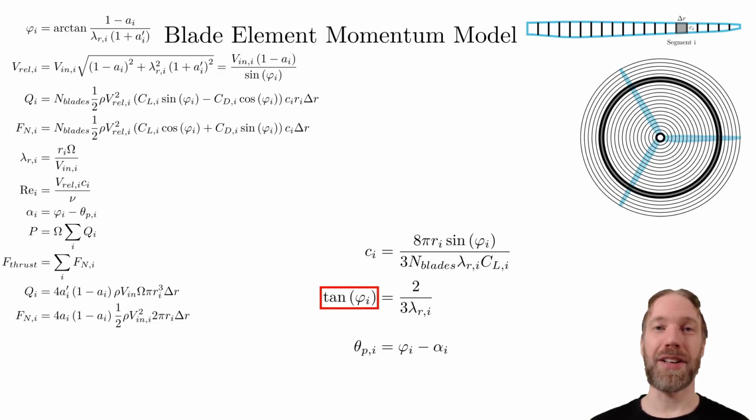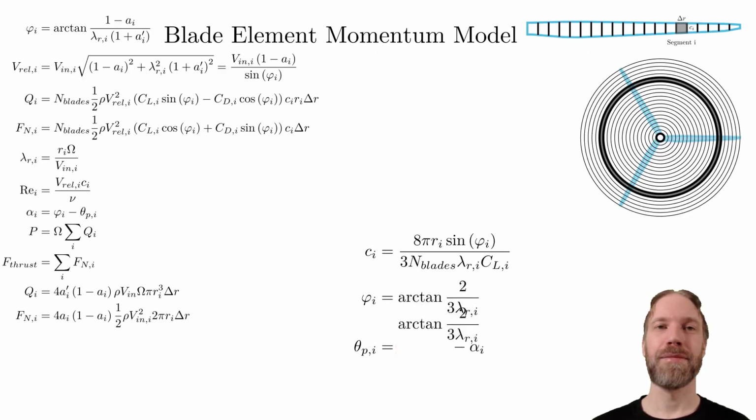Rewrite in terms of arctangent again, and insert into the equation for the section pitch angle. Remember that the blade has an angle of attack that gives optimal performance. Hence, we want to keep a relatively constant angle of attack along the blade. The pitch angle would therefore mainly be affected by the angle of relative wind.